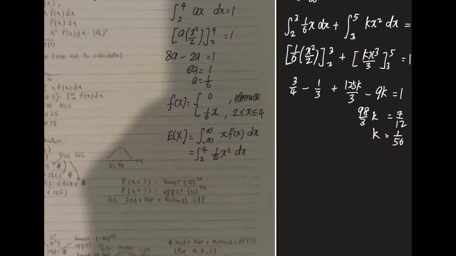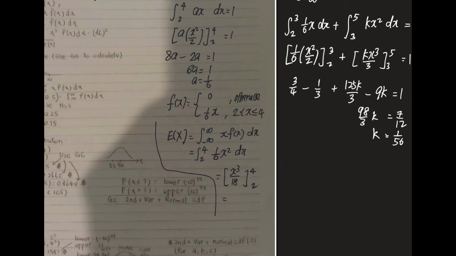Okay, then I integrate it. x cubed over 3, over 18, 3 times 6 is 18, from 2 to 4. So remember, now this is the mean. This is not probability already. The value of the mean can be greater than 1, not like probability. Probability must be less than 1. But this is the mean, and the mean can be greater than 1.